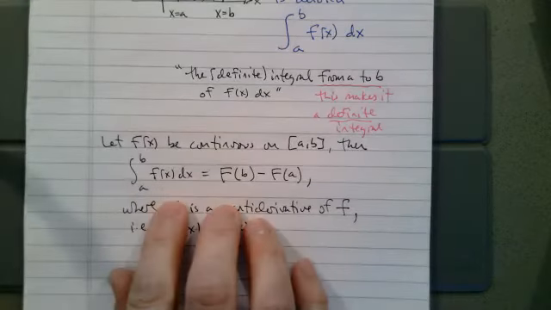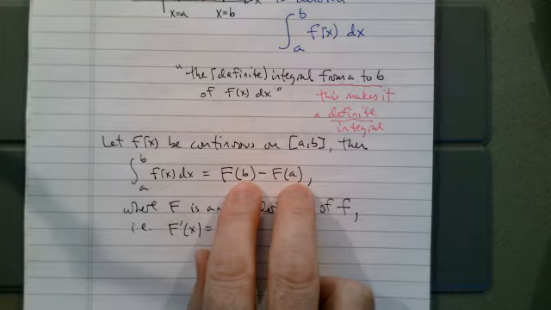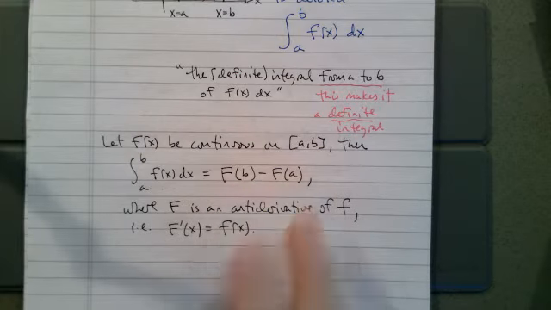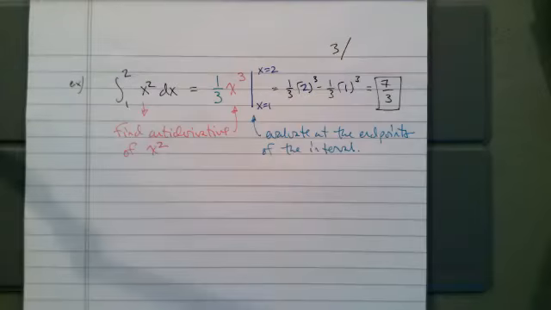We subtract because we're using the Fundamental Theorem of Calculus. Find the antiderivative, capital F, evaluate at the endpoints, and then subtract. That is just a mechanical thing that we have to be able to do.